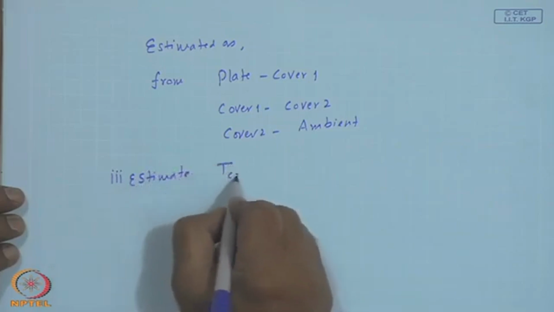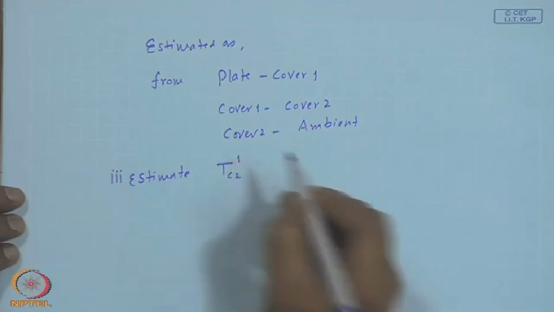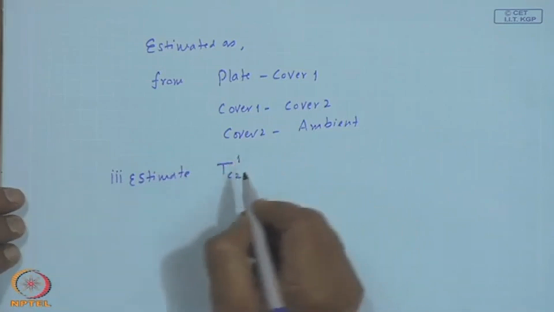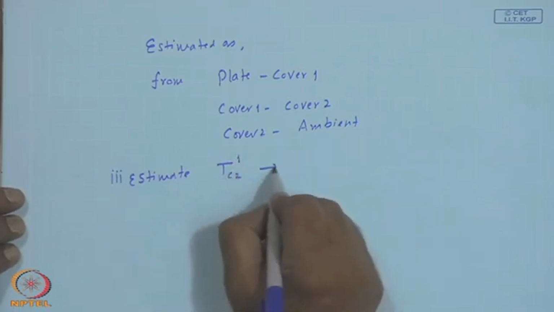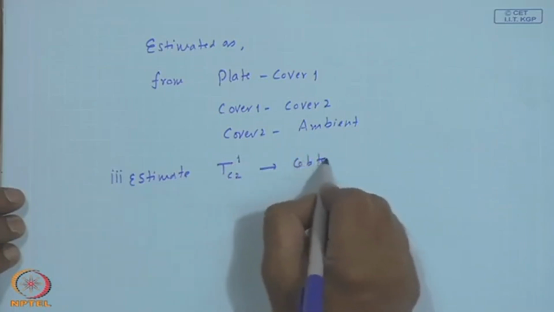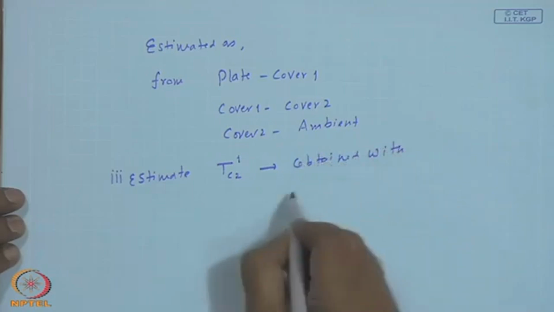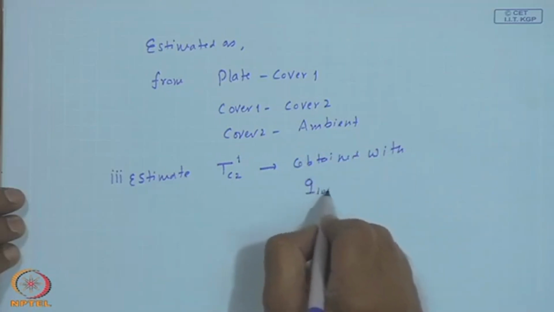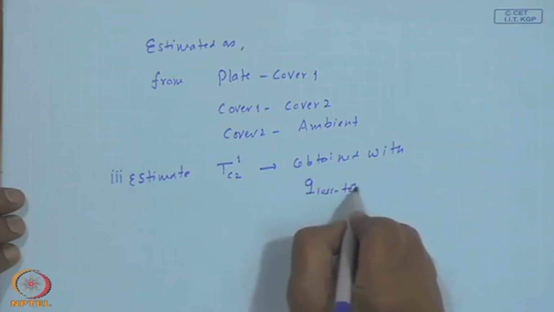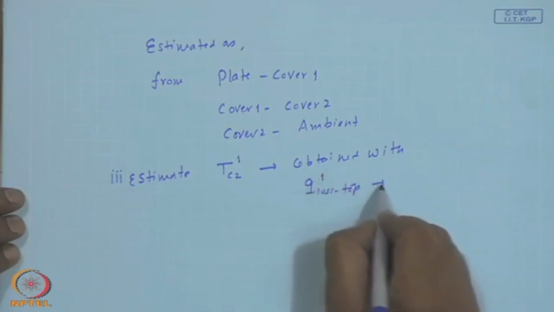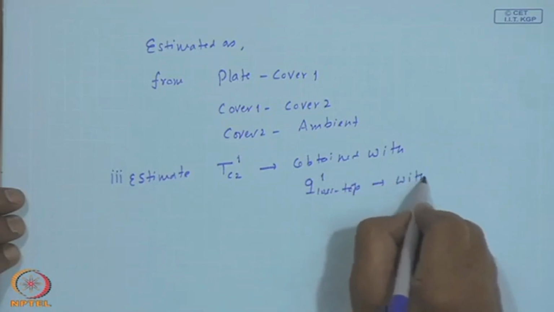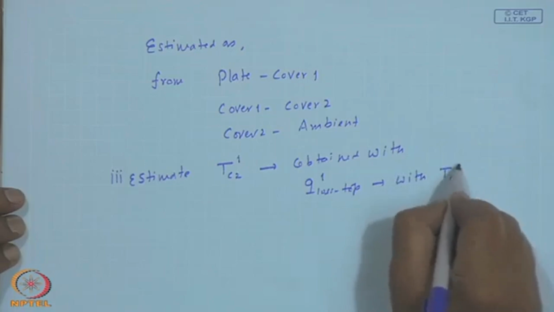T C 2. Again I will qualify it with a superscript 1, that is T C 2 1, obtained with Q loss top 1 with T C 1 1.